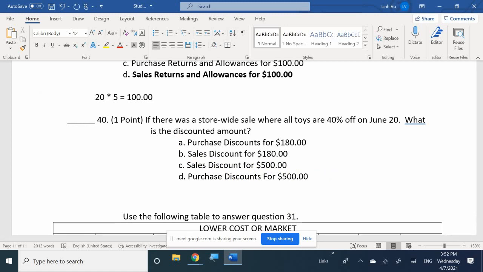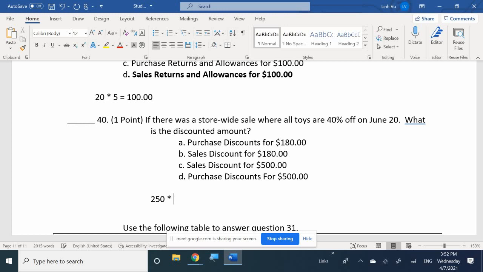On June 20th, once again, we sold 250 items at $5, which should give us a grand total of $1,250. We're going to multiply it by the store discount, which was 40%. If you multiply by the 40%, you should get a total of $500. So there you go.